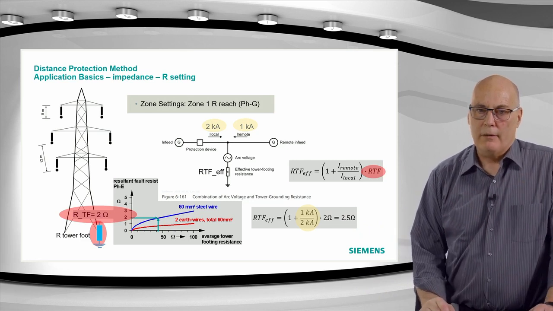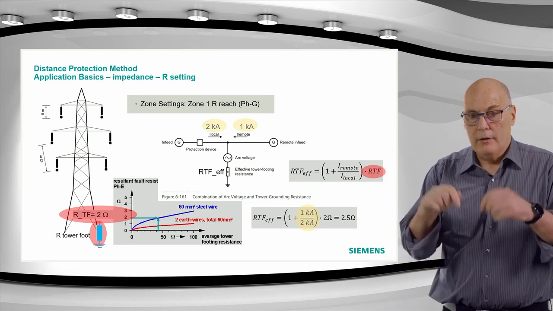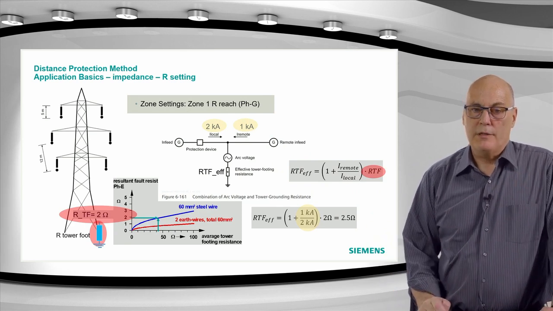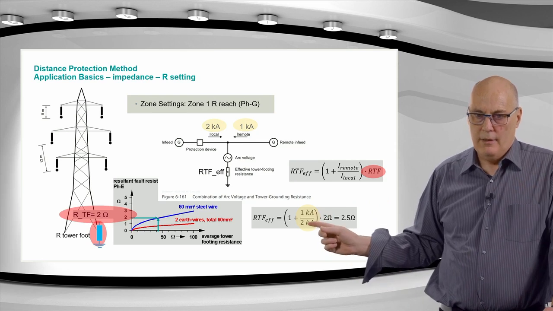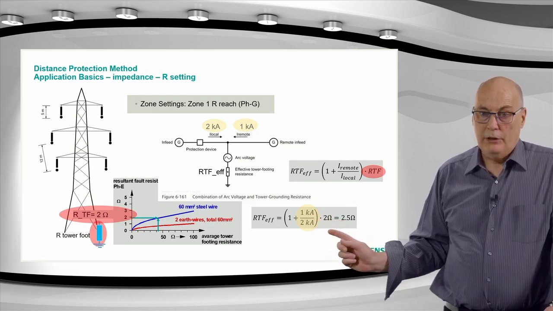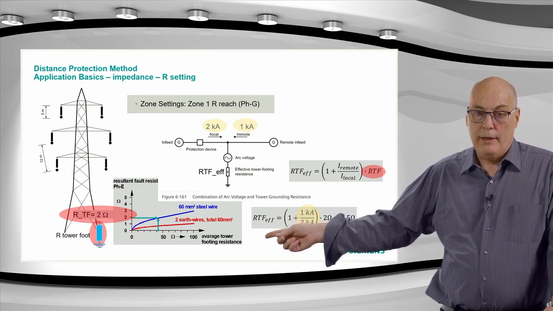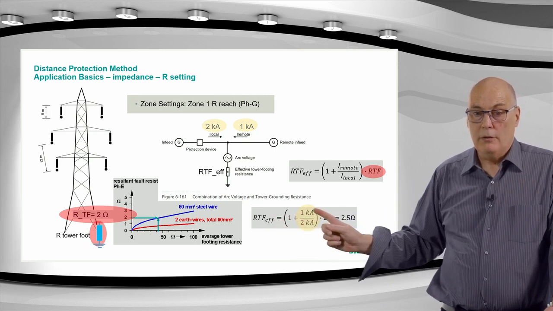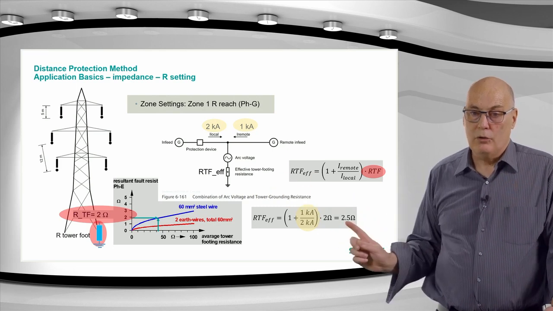So we have to summate those two, the 2 kiloamps locally and the 1 kiloamp remote. There'll be 3 kiloamps flowing through the resistance, and we will only measure 2. So we have to basically apply this remote in-feed consideration. So the 2 ohms tower footing resistance that we extracted from that graph over there is multiplied by this factor and actually used in the equation as a 2.5.